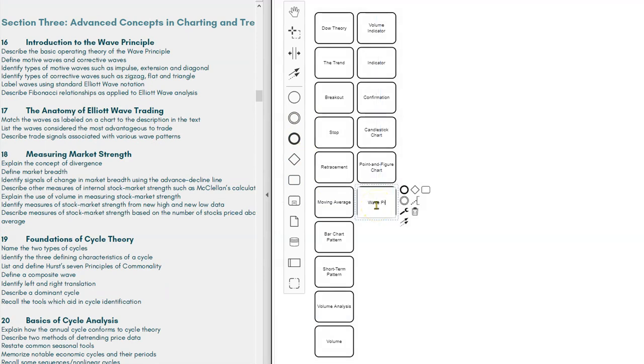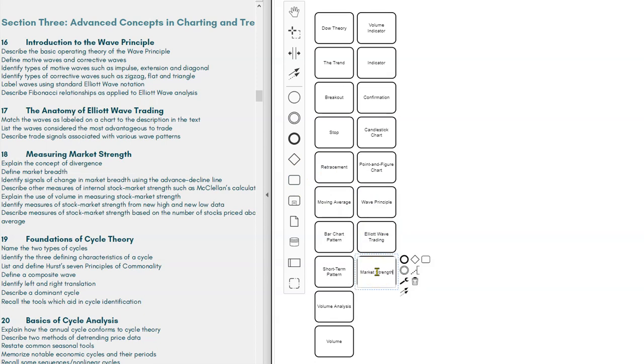Wave principle. The anatomy of Elliott wave trading. Elliott wave trading.